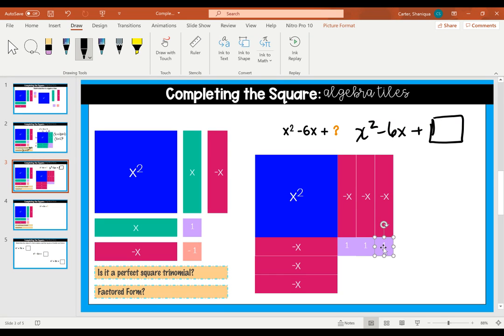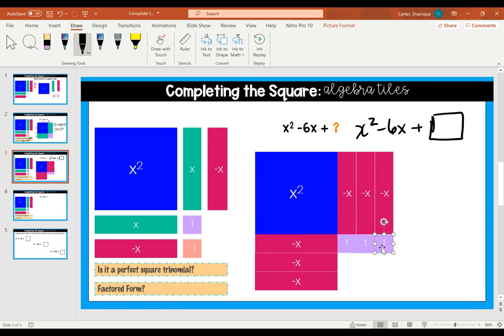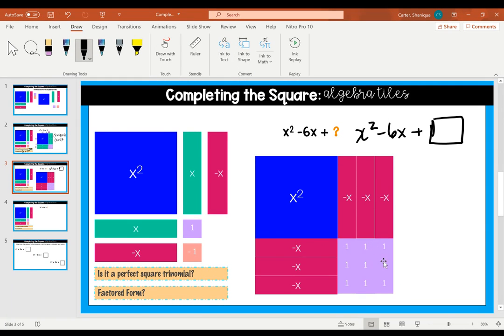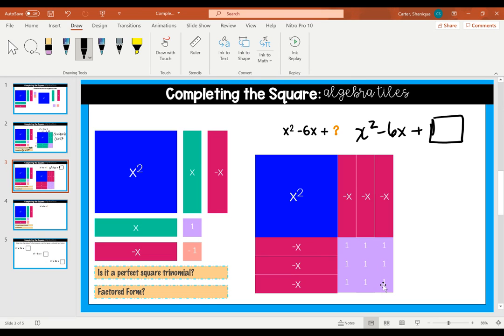Well, I used 3 on that row. So how many units did I use to actually fill up my square? 1, 2, 3, 4, 5, 6, 7, 8, 9. So it took me 9 units to make this a square.